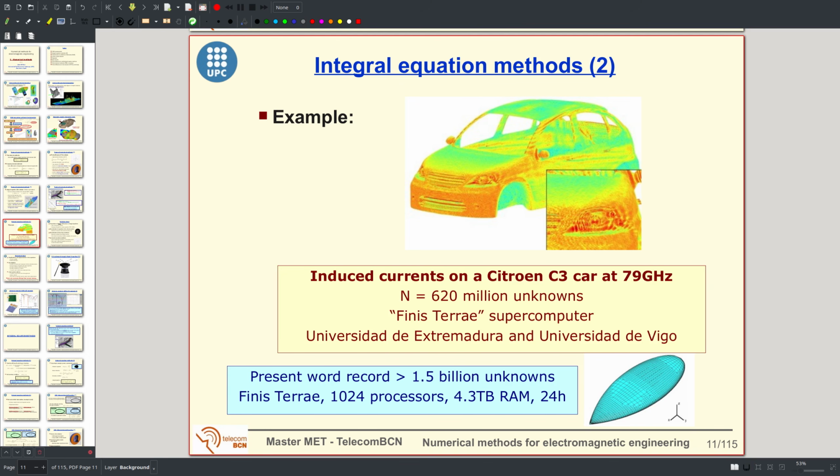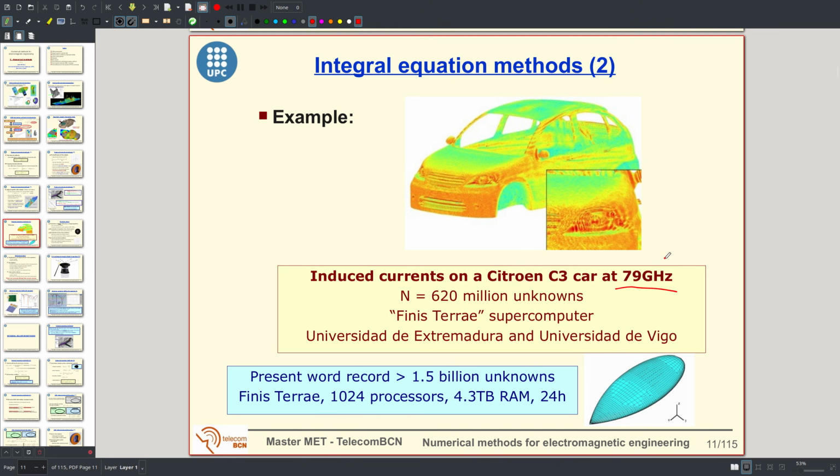And this is a nice example. This has been done by the group of computational electromagnetics at the Universidad de Extremadura in cooperation with the Universidad de Vigo. In fact, this group has joint researchers between the two universities. And these are the induced currents on a Citroën car at 79 gigahertz.